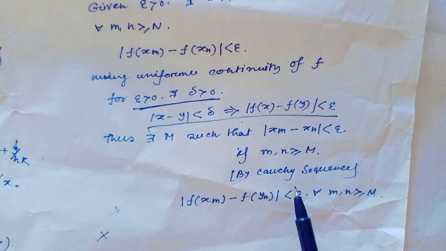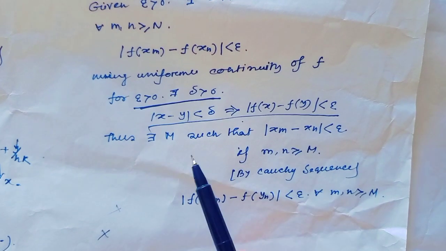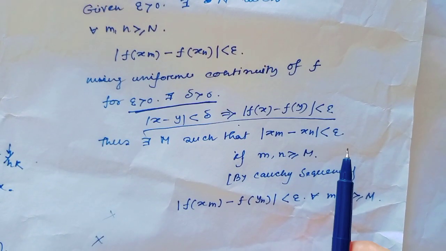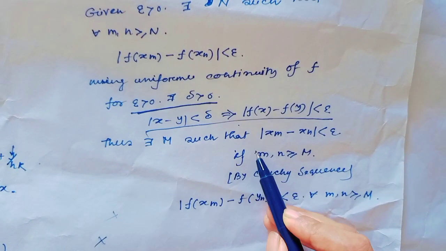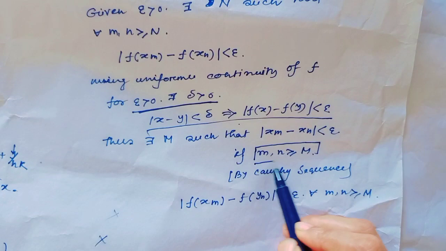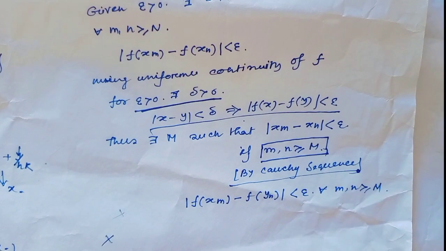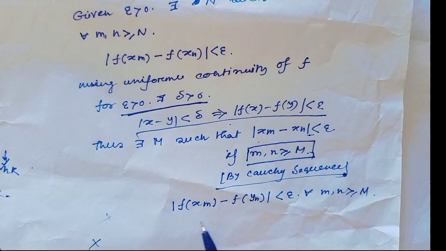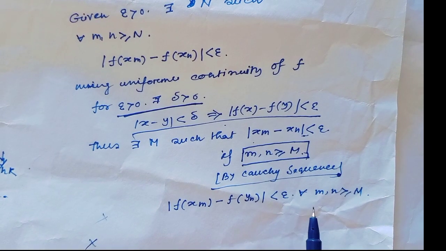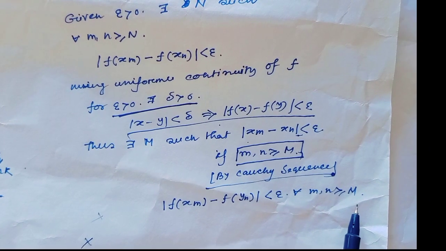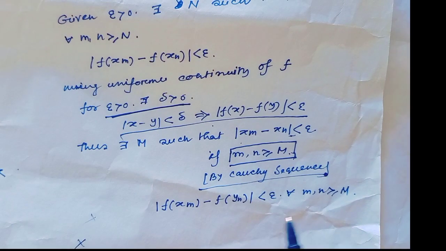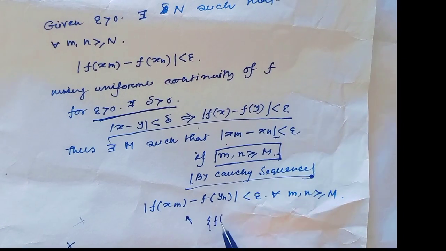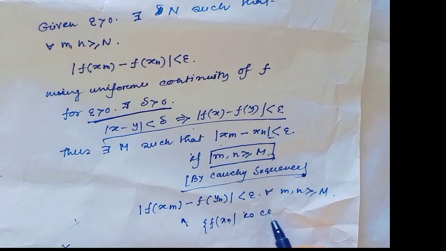Then, since xn is a given Cauchy sequence, there exists capital M such that the absolute value of xm minus xn is less than delta, and this is true for all m, n greater than or equal to capital M. By the property of uniform continuity, that implies obviously f of xm minus f of xn is less than epsilon, and this is true for all m, n greater than or equal to capital M. Therefore, the sequence f of xn is also a Cauchy sequence.